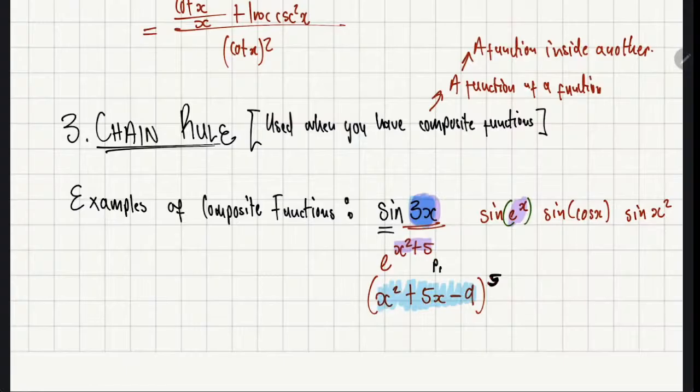But look what they've done. They've come to our polynomial. It would have been polynomial if it was just x squared plus 5x minus 9. But now they are taking the whole polynomial and giving it a second power, a second power outside.